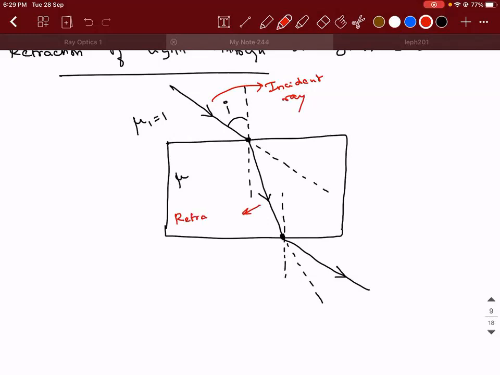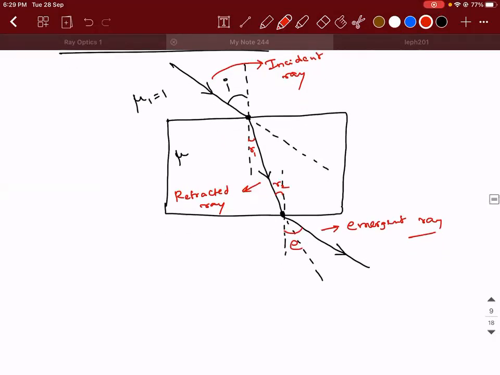This is called the refracted ray, and this is called the emergent ray. Okay. Now listen to this carefully. This angle is called R1. And this angle is called R2. And this angle is called angle of emergence.